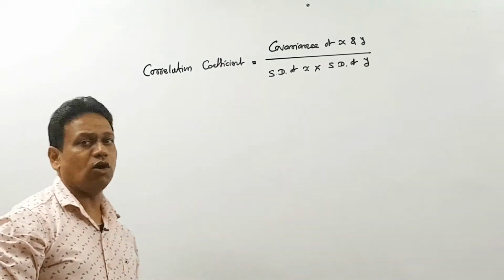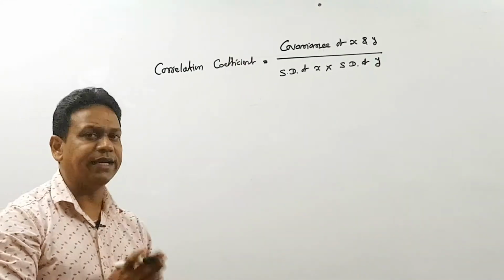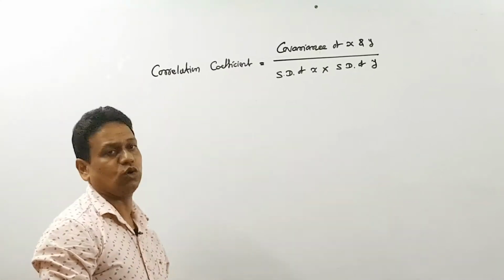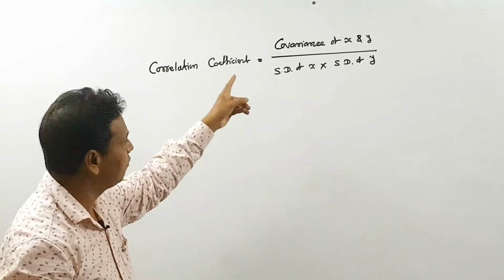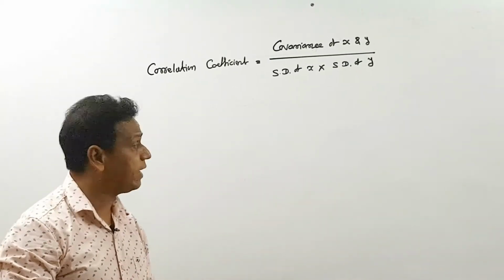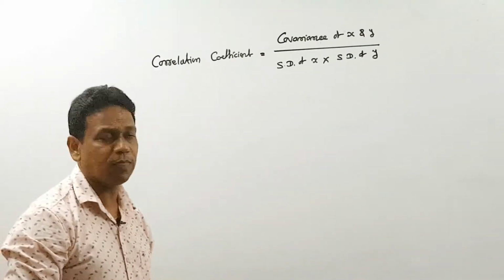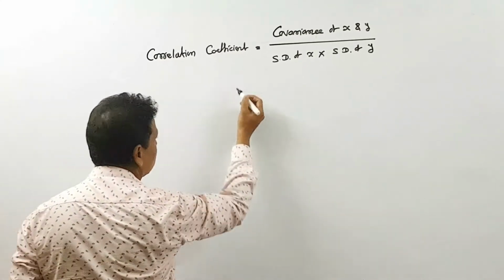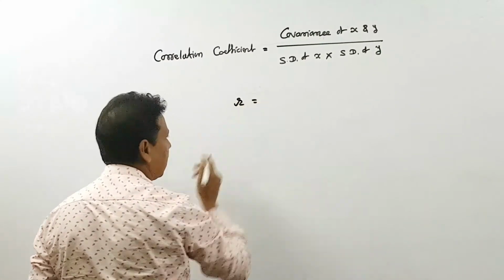This is the original formula to find the correlation coefficient. A very simple formula: covariance of xy divided by standard deviation of x into standard deviation of y. The correlation coefficient is indicated by small letter r.